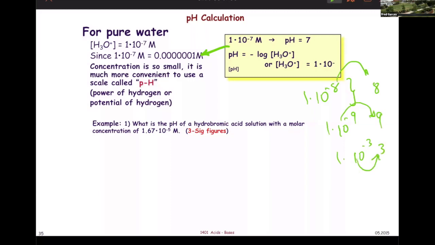So you can see that 1 times 10 to the minus 7, that's just 7. That's because this is a nice clean number. It's a 1 to the exponent minus 7. And so when you take the log, you get negative 7. And the negative of negative 7 is just 7.